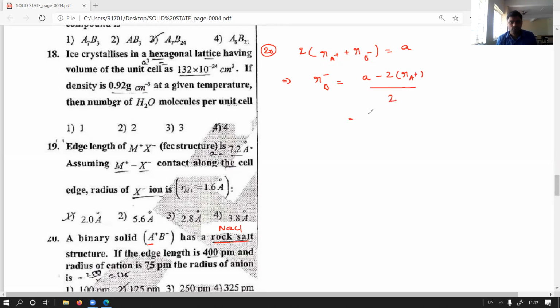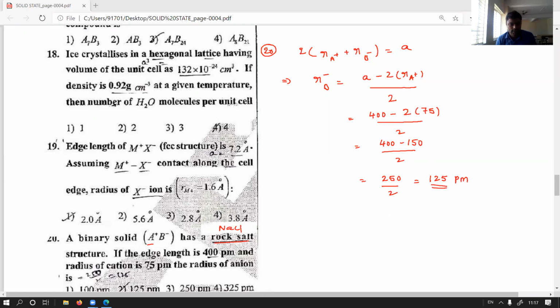Then A value is 400 picometers, they gave. 400 minus 2 into the radius of cation, positive ion, 75 picometers, they gave, by 2, is equal to 400 minus 150, by 2, which is nothing but 250 by 2, which is nothing but 125 picometers.